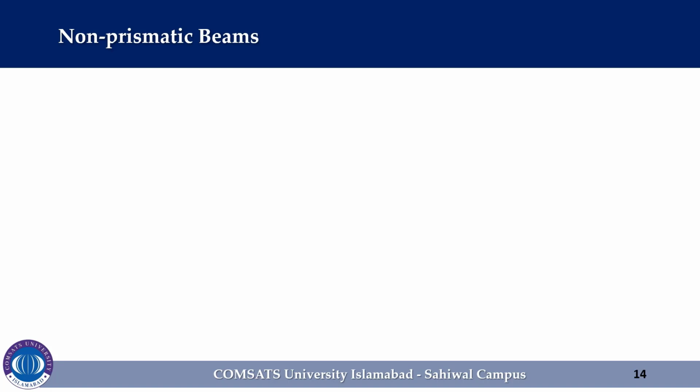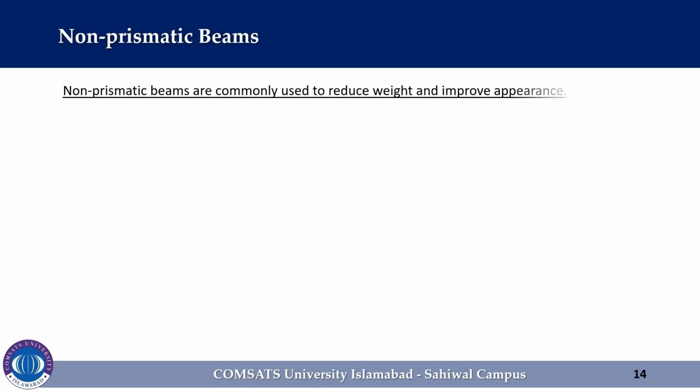Now we will briefly discuss non-prismatic beams. The beam theories described in lectures were derived for prismatic beams, that is straight beams having the same cross sections throughout their lengths. However, non-prismatic beams are commonly used to reduce weight and improve appearance.